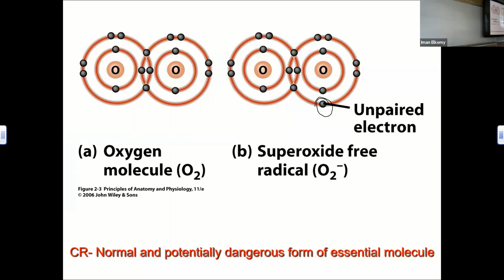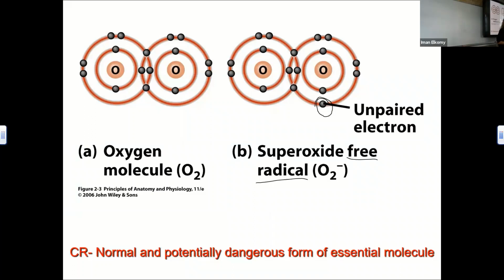Whenever you have an extra unpaired electron sitting in that outer shell, kind of like a stray electron that's just chilling out there, we call that a free radical, because it has now taken the balance of this molecule and thrown it off. It's an extra electron. Now it has a negative charge, even though it's not supposed to, right? So that's what creates a free radical.